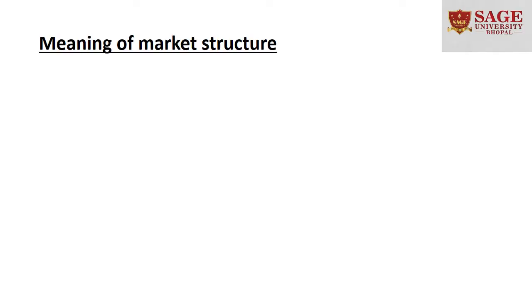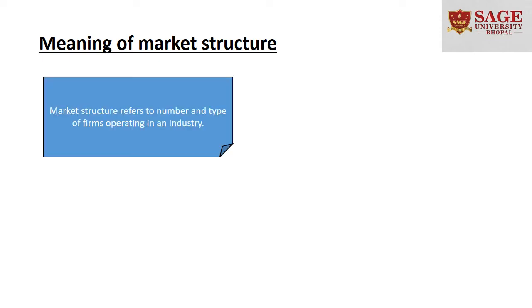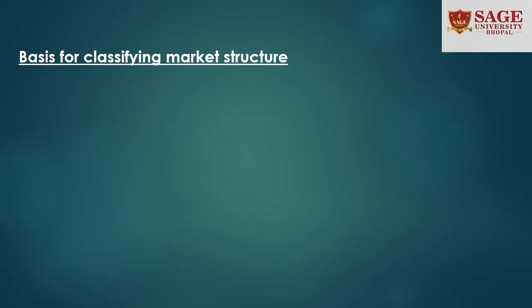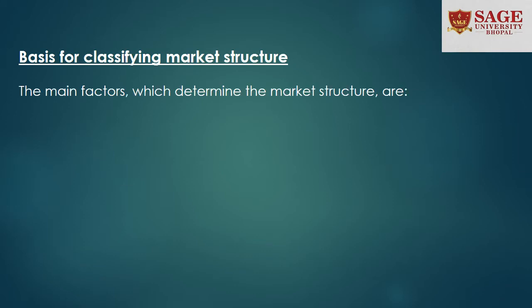Next, the meaning of market structure. Market structure refers to number and type of firms operating in the industry. The main factors which determine the market structure are: first, number of buyers and sellers.